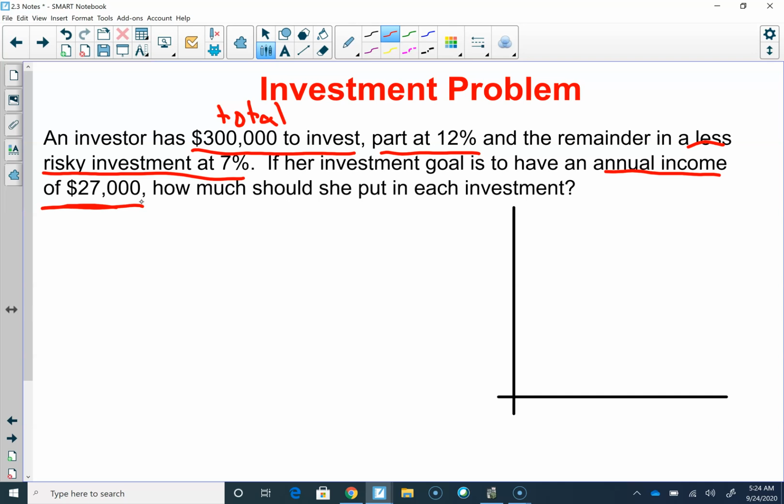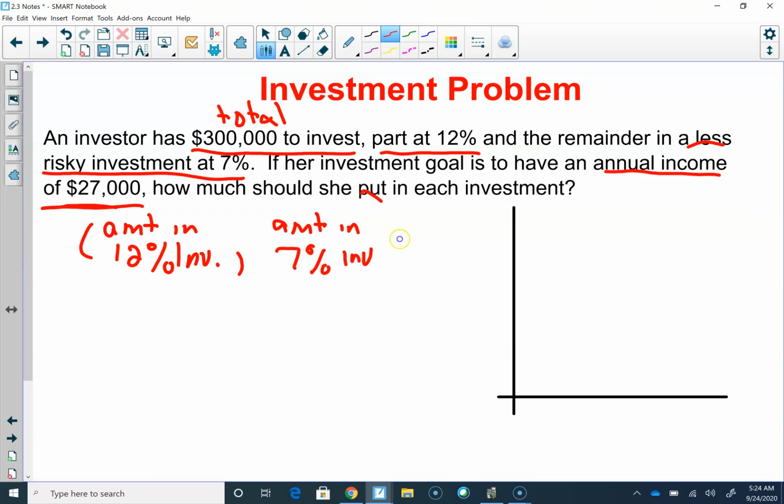Okay, so the first thing I need to do is figure out, and the goal is, how much will she put in each investment. So the amount in the 12% investment is going to be my X, and the amount to put in the 7%, the less risky investment, is going to be my Y. So there are my variables.